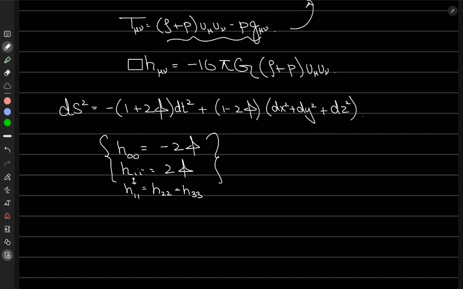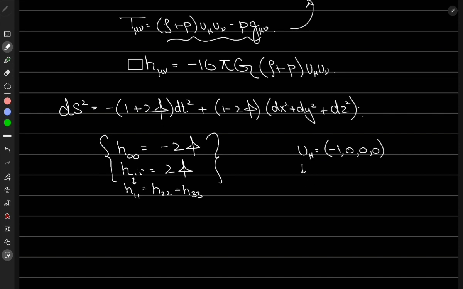Now substitute these components into this equation. Once you do that, we're also going to use the fact that the four-velocity u mu is minus 1, 0, 0, and 0 for non-relativistic matter, which is at rest.